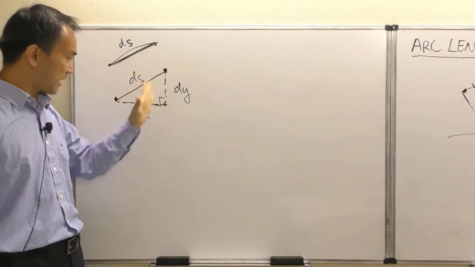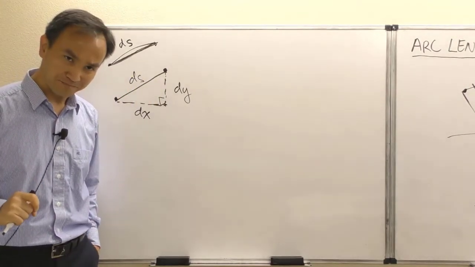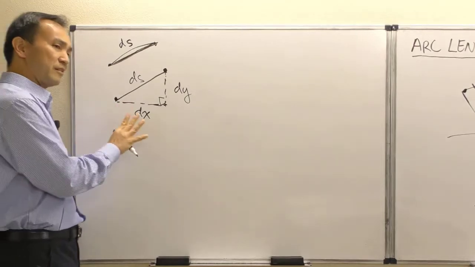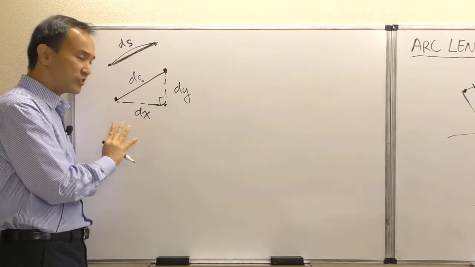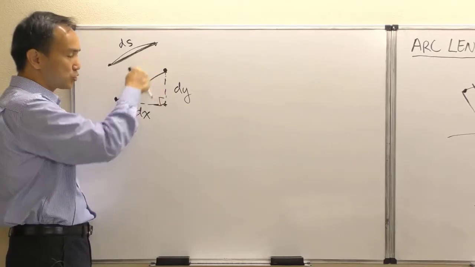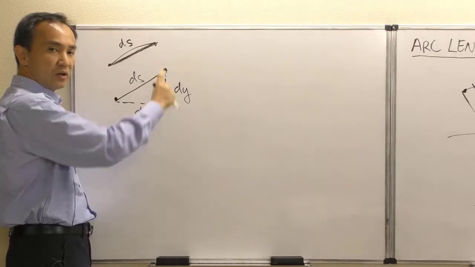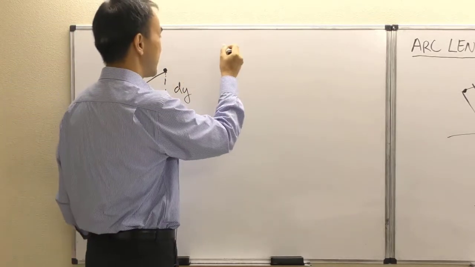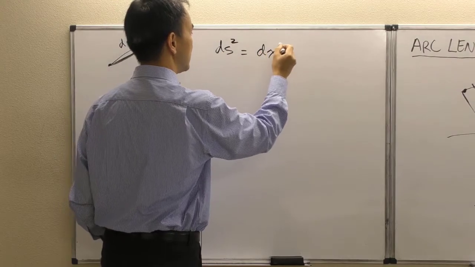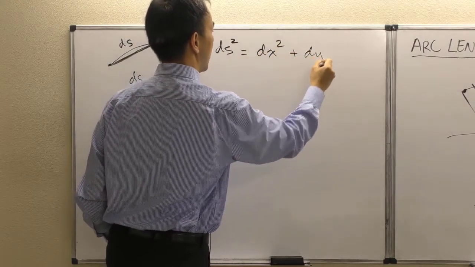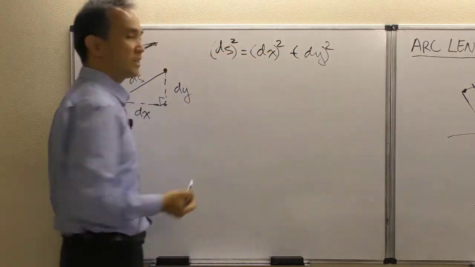Right now I'm sticking with the rectangular coordinates, and you will get my point later on. Apparently, immediately from Euclidean geometry, we know that the hypotenuse squared equals the sum of the squares on the two legs. So mathematically, ds squared equals (dx) squared plus (dy) squared, and I should have put these in parentheses.